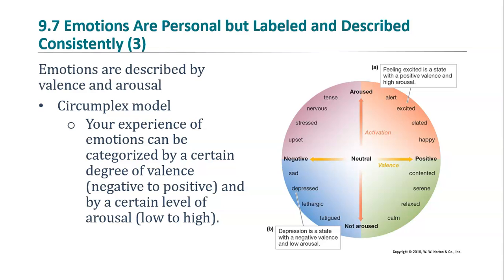A really positive emotion that is also highly activating the sympathetic nervous system is excitement or happiness. And the flip side is also true. Lethargic, depressed are negative emotions, but they don't have a lot of physiological arousal, whereas nervousness and stress do.